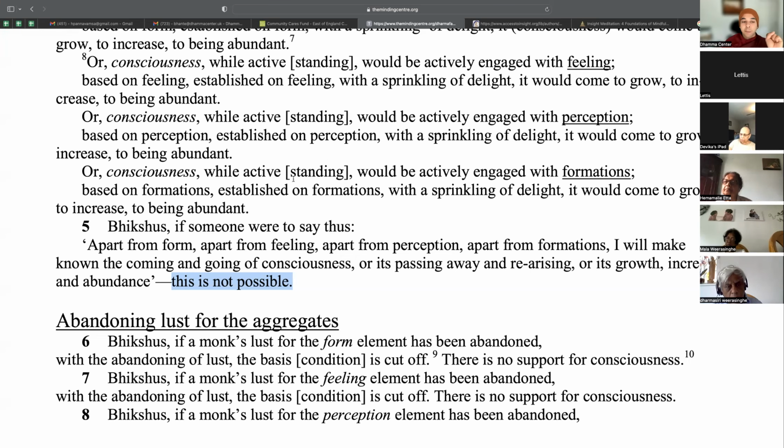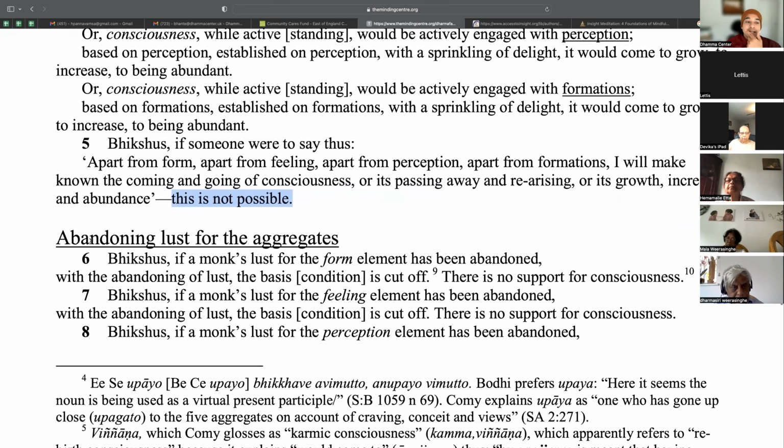Moving on. Abandoning lust for the aggregates. Bhikkhus, if a monk's lust for the form element has been abandoned, with the abandoning of lust, the basis is cut off.